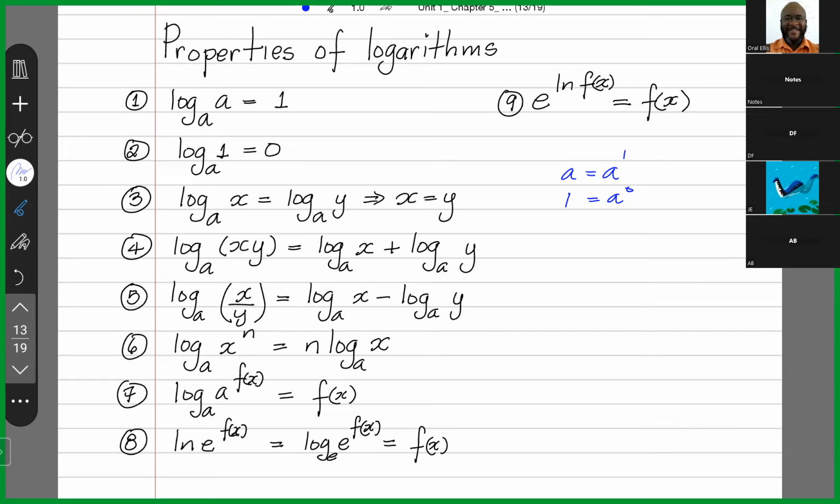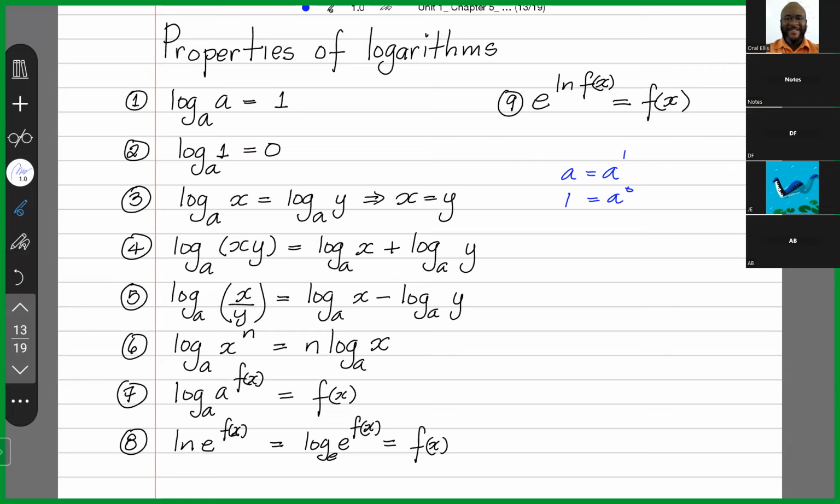The log to the base a of x raised to the power n is equal to n times the log to the base a of x. So in other words, if you're finding the log of a number raised to a power, it's equal to the power multiplied by the log to the base a of the number. In other words, the power comes to the front.